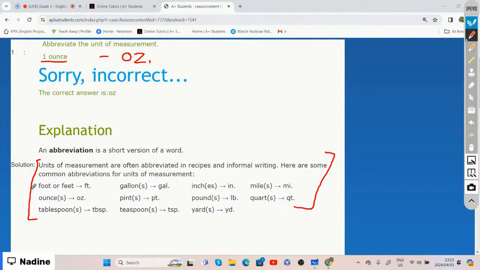And here we have the example of an ounce. So 1 ounce, if we abbreviate the word ounce, it is OZ and a period. And remember, not forgetting the period at the end, because the period at the end is a clear indication that we are abbreviating. We are now shortening that specific word, right?